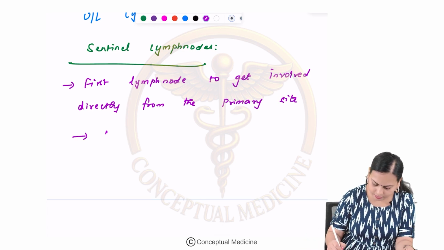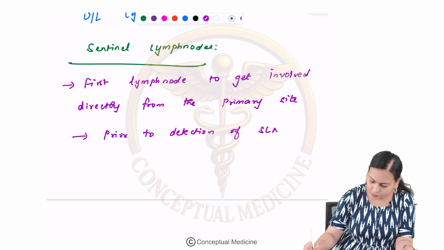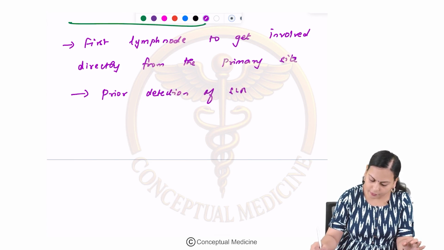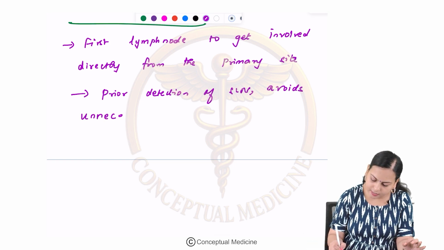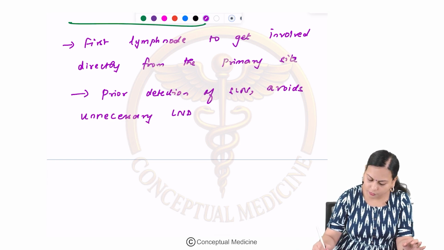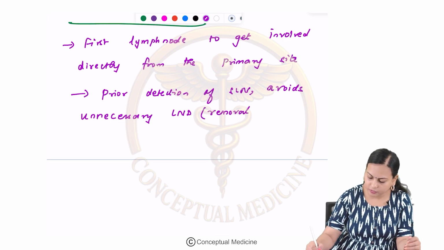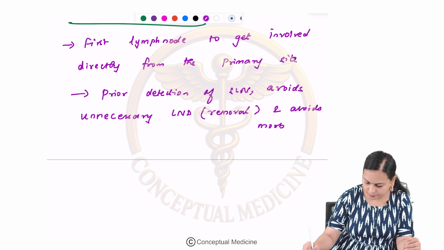Okay. Detection of the sentinel lymph node by biopsy avoids unnecessary lymph node removal, that is lymph node dissection. Okay, and it avoids the morbidity.